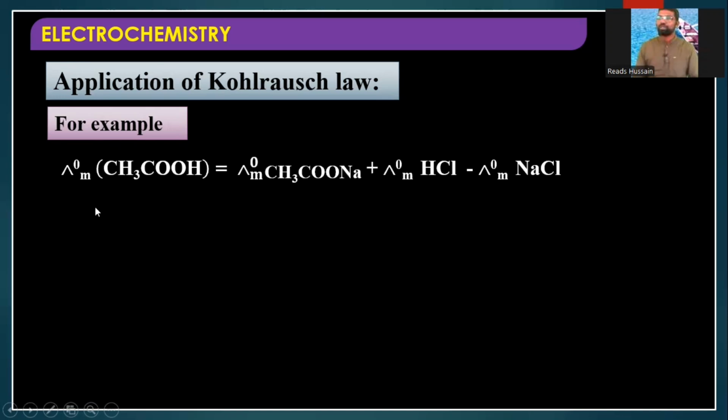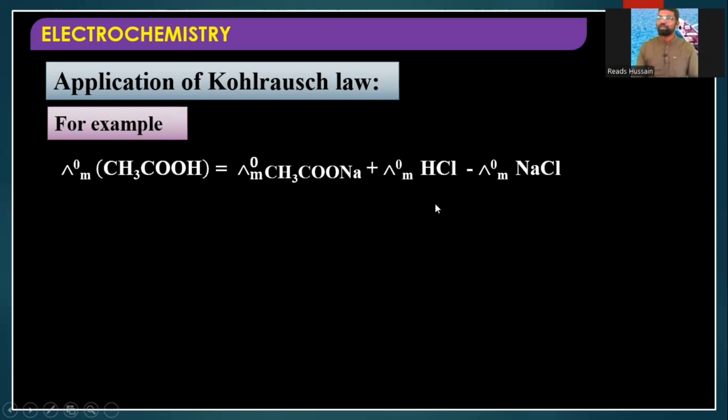Molar conductivity at infinite dilution of weak electrolyte acetic acid is equal to, you may get a small doubt here. Sir, why are different compounds taken? We have to find acetic acid molar conductivity, no? But why take sodium acetate, hydrochloric acid, sodium chloride?